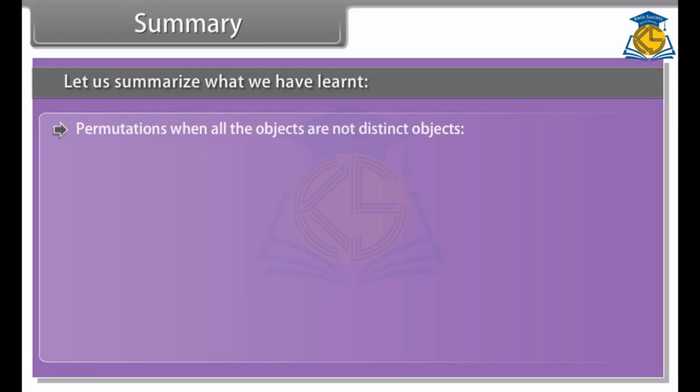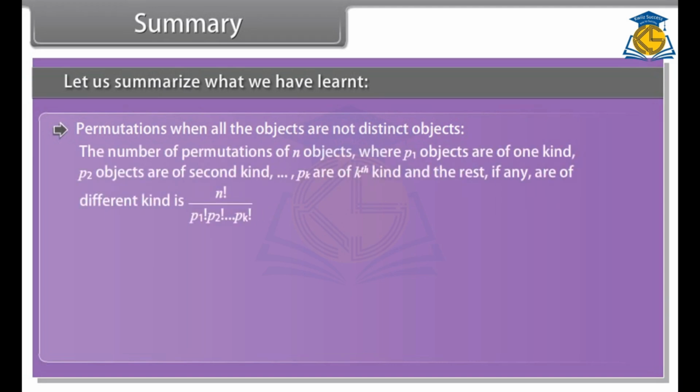Permutations when all the objects are not distinct objects. The number of permutations of n objects where p1 objects are of one kind, p2 objects are of second kind, pk are of the kth kind and the rest, if any, are of different kind is n factorial divided by p1 factorial into p2 factorial up to pk factorial.